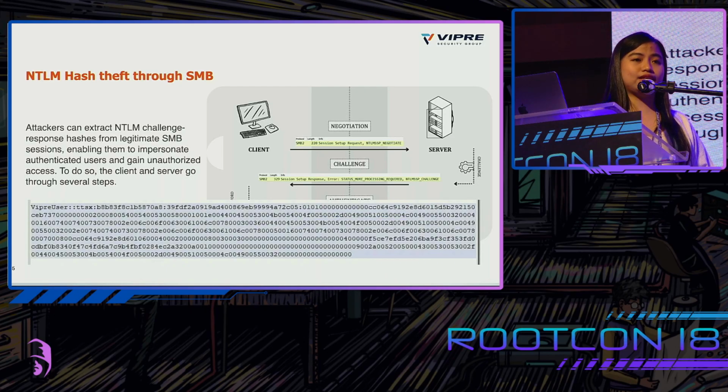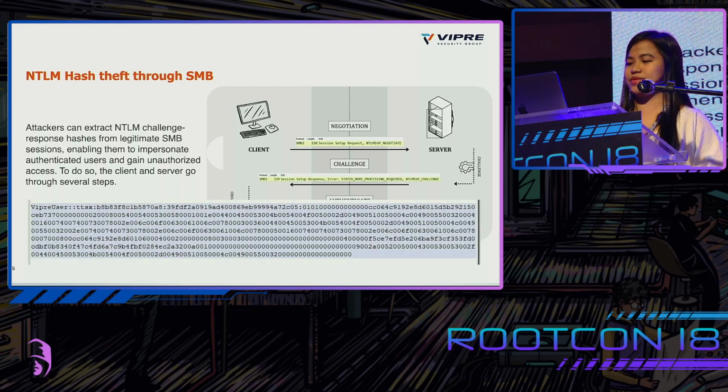So basically, the NTLM hash is the cryptographic representation of a user's password. So this enables the attackers to gain access to another machine, or to the target or victim's machine.